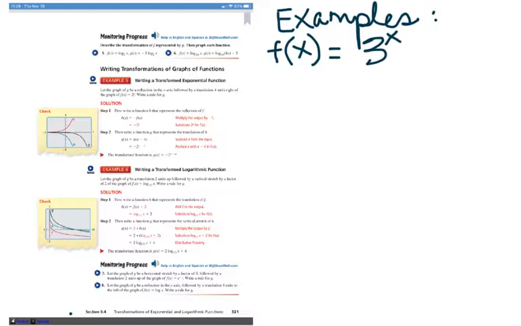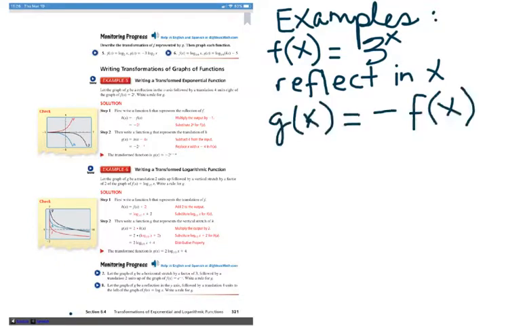So my first example will be if the function f of x equals 3 to the x is reflected in x, then we can write g of x equals the opposite of f of x. At this point, we're going to substitute f of x.